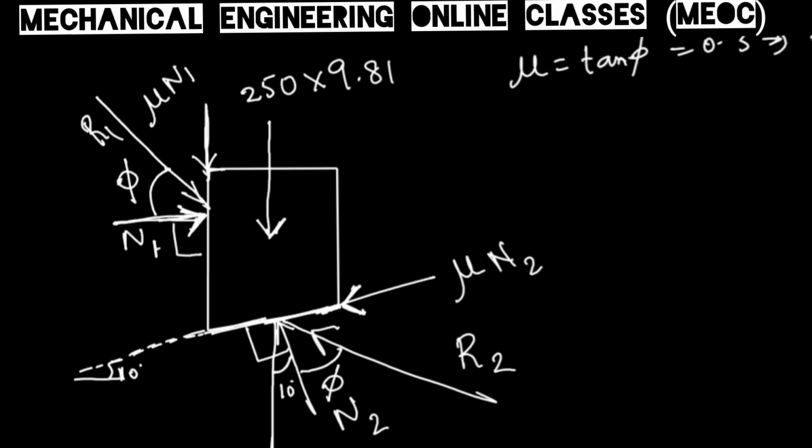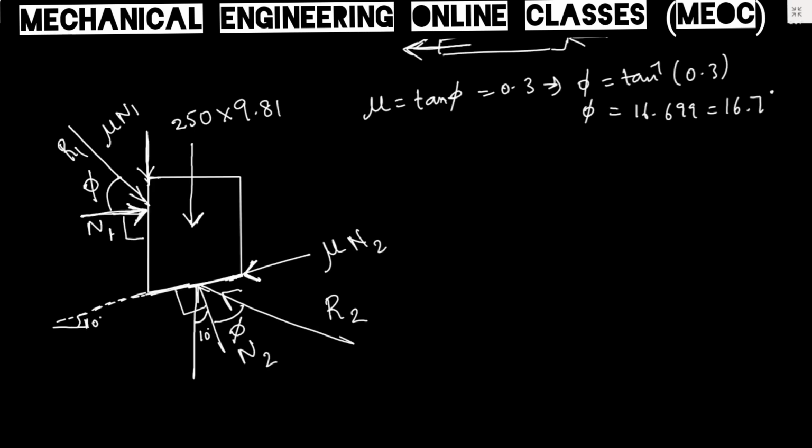So I'm reducing in place of the entire block. I'm just showing that block as a single point, and I'm going to show all the forces acting through that point. So this is the mass converted into Newton, weight, and there is an R1 over here which is at an angle of phi from horizontal.